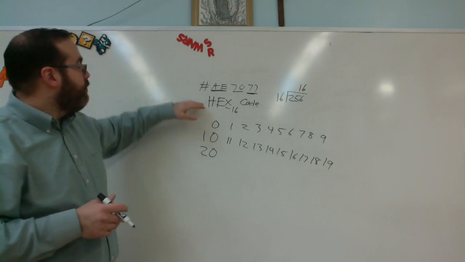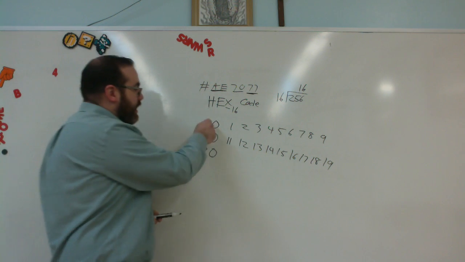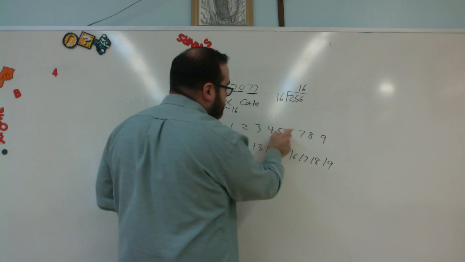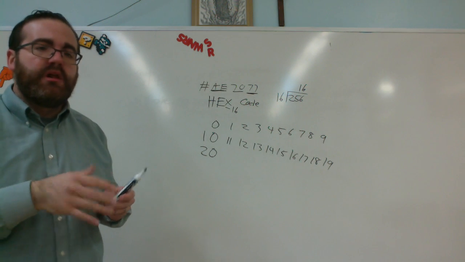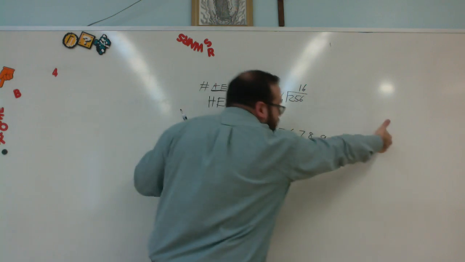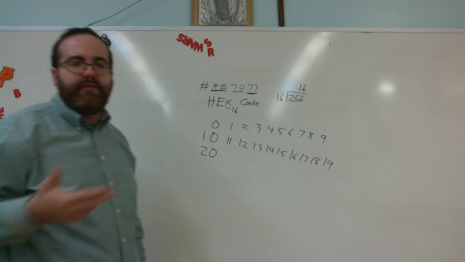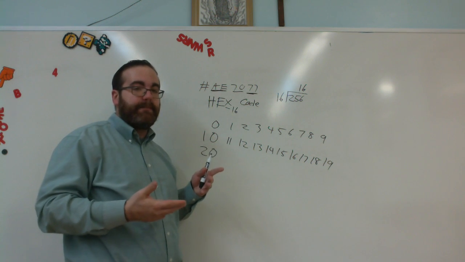So we need 16 different spots. Right now I have 10 of them covered. I have 1, 2, 3, 4, 5, 6, 7, 8, 9, 10, because you count the 0. So what could I possibly use to give me the rest of my numbers, 11 through 15, before we get back to a complete set at 16?